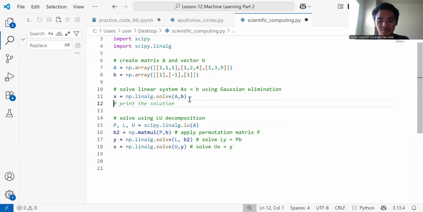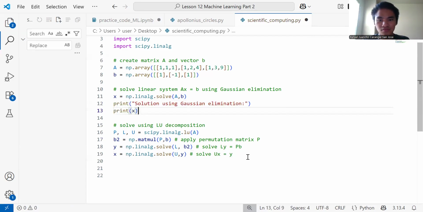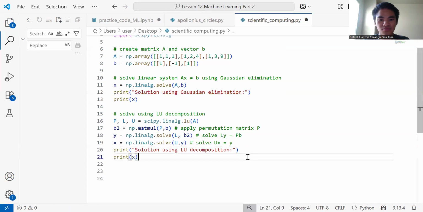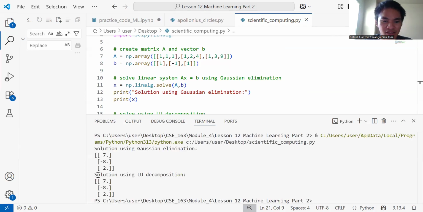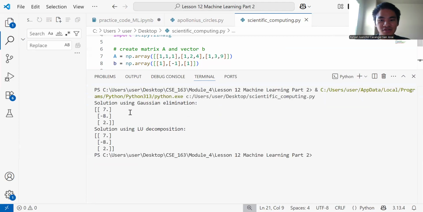And then let me print both of them. Let's see. Ideally, we should get the same thing. When we did Gaussian elimination, we got these values for x, and when we did an LU decomposition, we got the same thing.